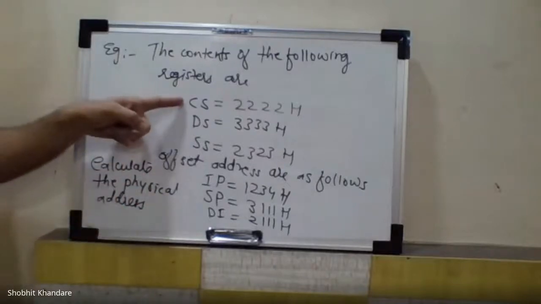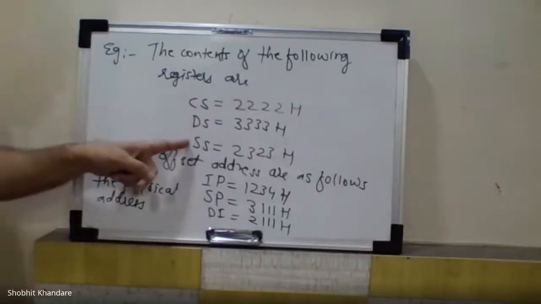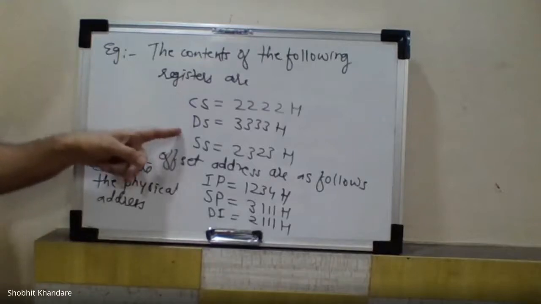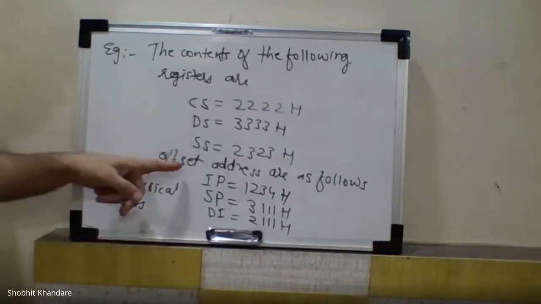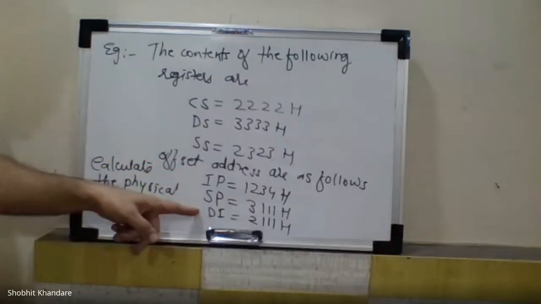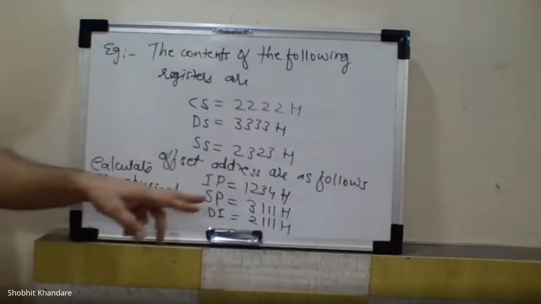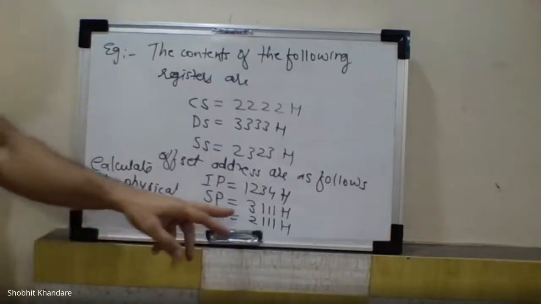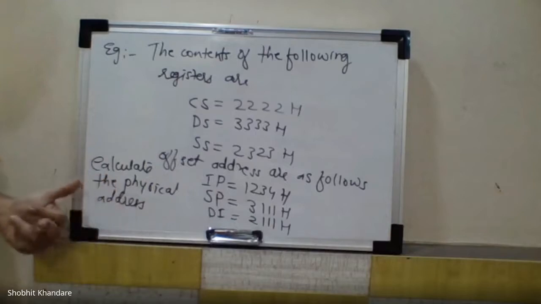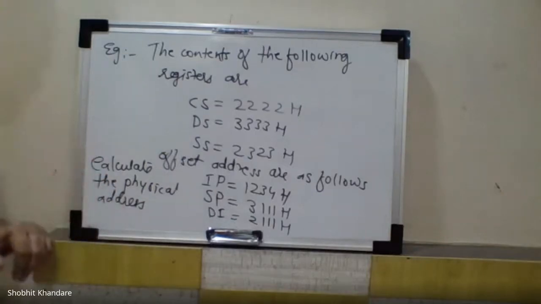We know that these are the segment registers holding the starting address or the base address. Each register is 16-bit. Then they have given us the offset addresses: IP, SP, DI. IP is 1234, SP is this much, DI is also this much. After giving this information, they have asked us to calculate the physical address.